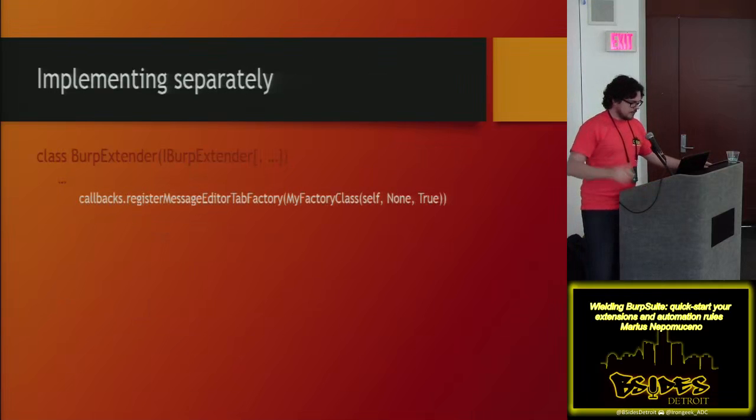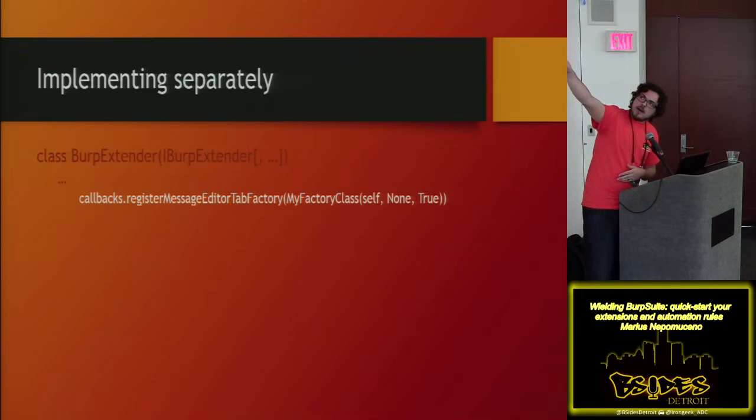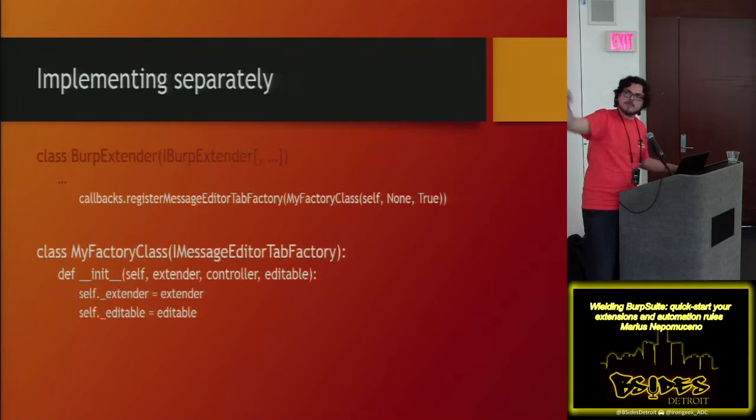Now, on the flip side, I need two custom tabs, which means I cannot just call IMessageEditorTabFactory straight inside my Burp extension class. I still have to register my extension as a custom tab extension, but now I am passing an actual factory class, which of course I will have to create myself.